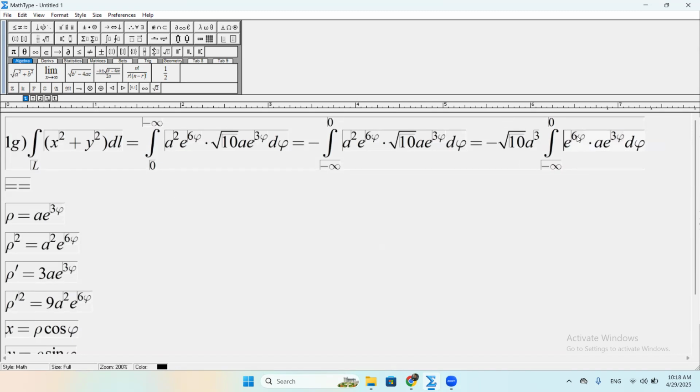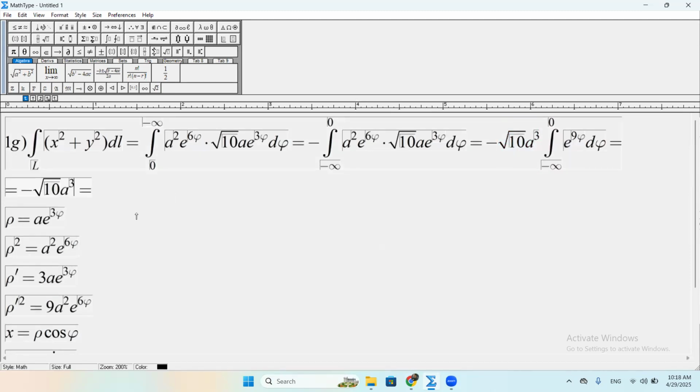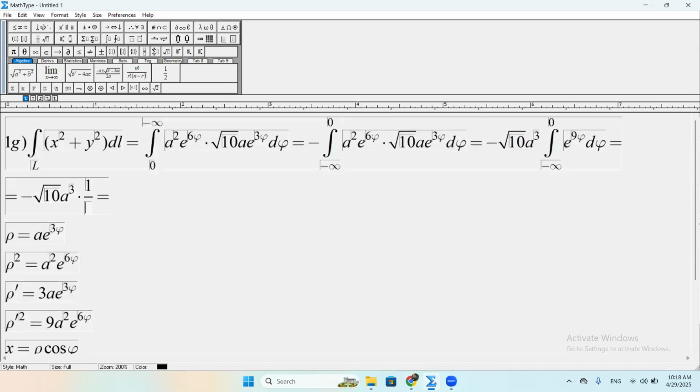And what about e? It will be e in power of 9 phi d phi. So minus this stuff multiplied by 1 over 9 e in power of 9 phi, with the substitutions from minus infinity to 0.